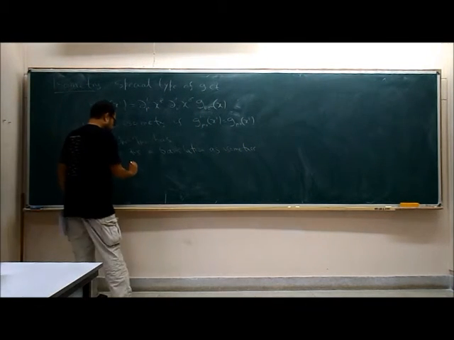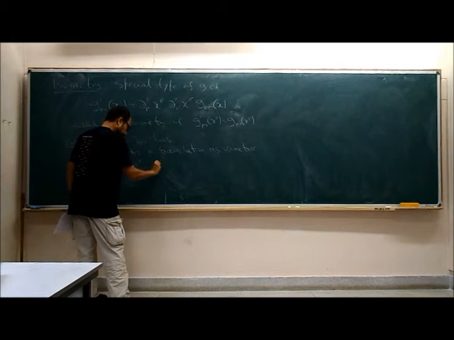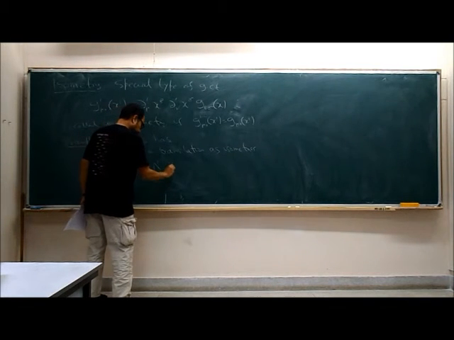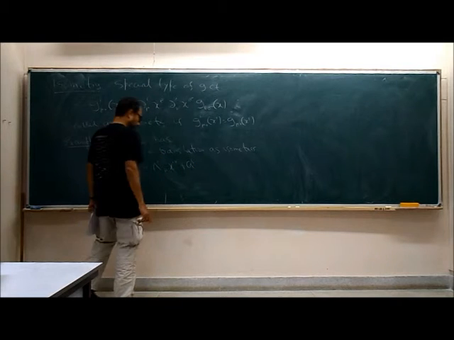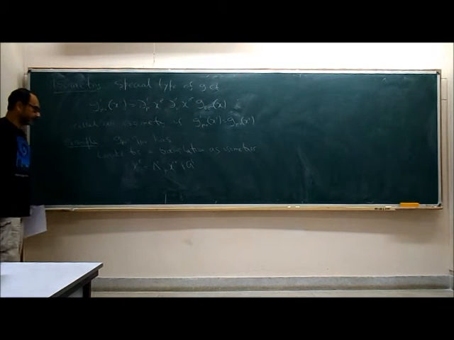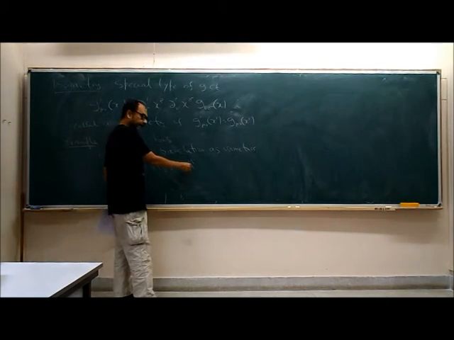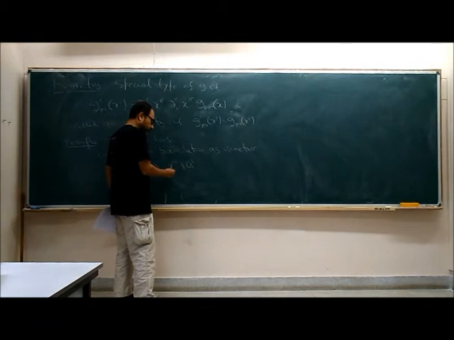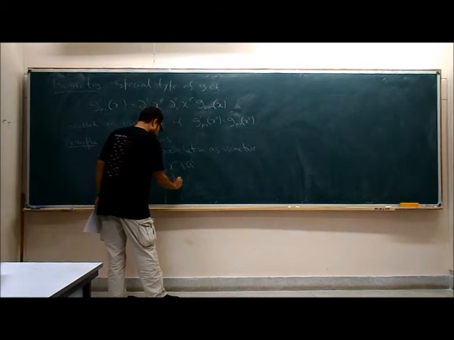So if we take x rho, take a general transformation of this kind, where you translate x by a, and at the same time you can also make a Lorentz transformation. This is a Lorentz transformation matrix.